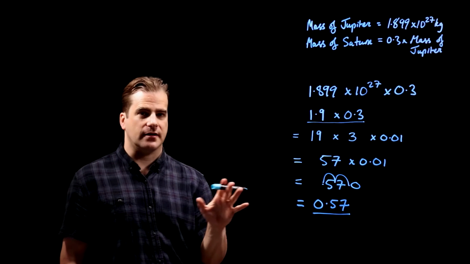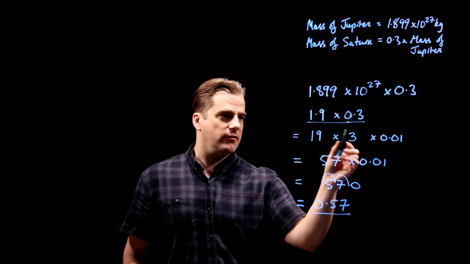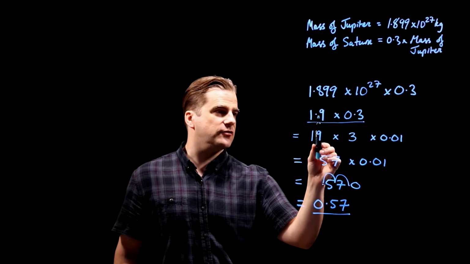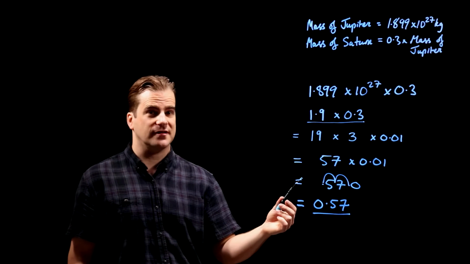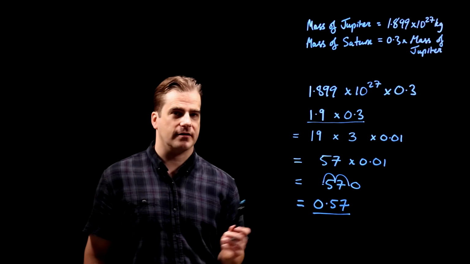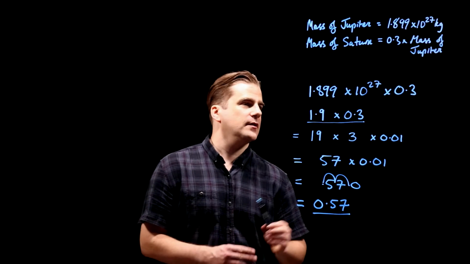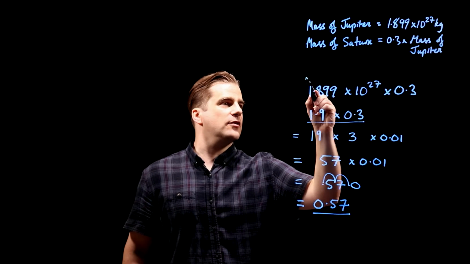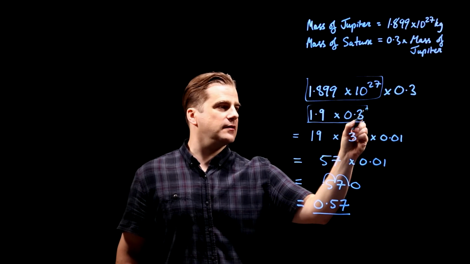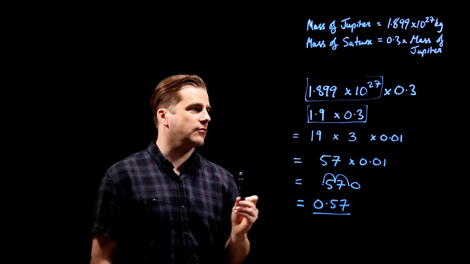And we can check our answer. It's always good to check. 1.9 times 0.3, 1.9 is very close to 2. So it should be close to 2 times 0.3, which is 0.6. And 0.57 is indeed close to 0.6, so it's correct. Okay, so we've done an estimate for this bit. Okay, because that is 1.9. An estimate of that is 1.9 times 0.3.